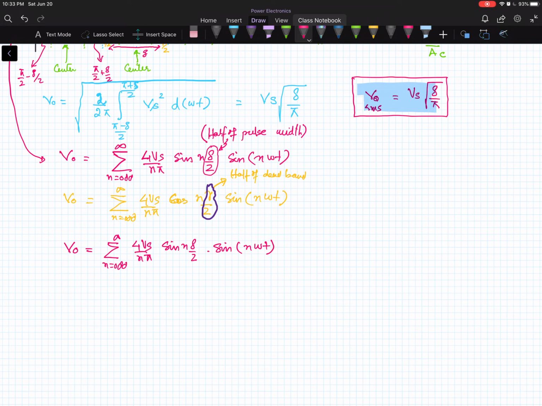In this, we know that only odd harmonics exist, but if we consider n is equal to 3, you will see that sine of 3 del by 2 will be equal to 0. So from here, if I calculate the del, that is the width of the pulse, that should be equal to, in terms of angle, 2 pi by 3.